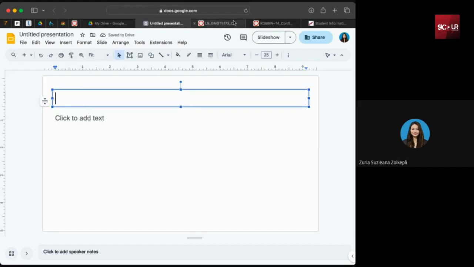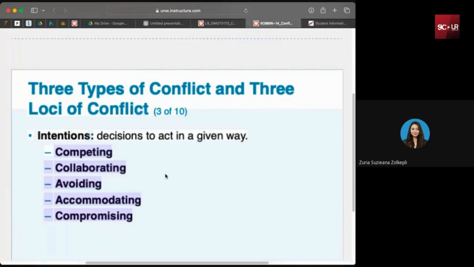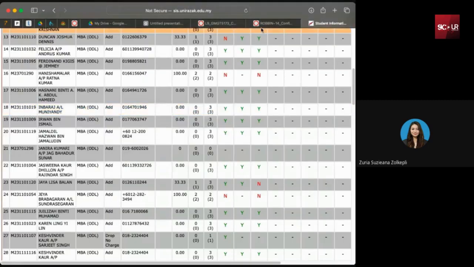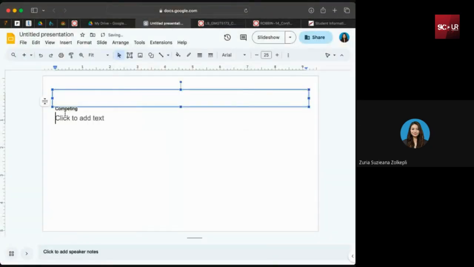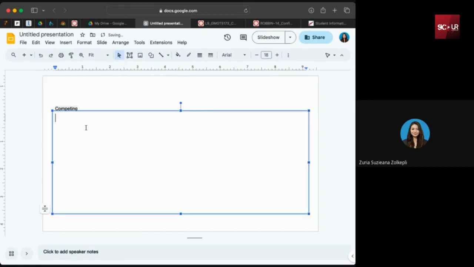Compromising. Okay, so the first one is competing. We do this first, and then I will give you a 5-minute break. Let us finish this first.